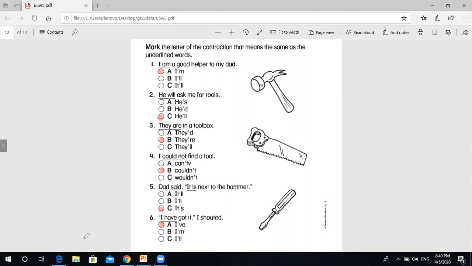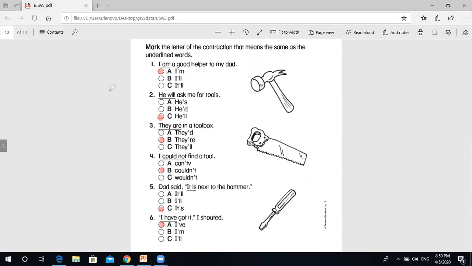Now let's try to answer in your book. And remember, how many cases do we have for the contractions? We have three cases for the contractions. The first one is a pronoun plus verb.